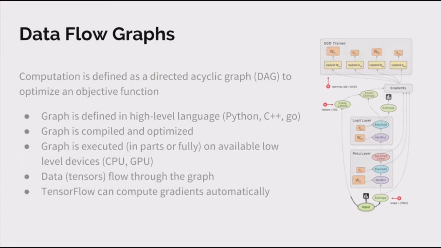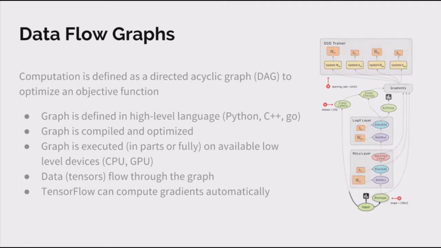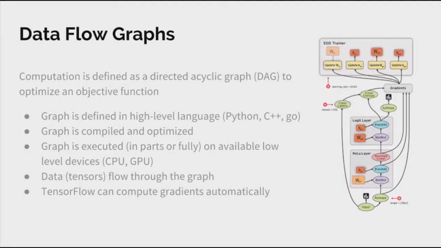In TensorFlow, the way we hold all the data, the weights and the biases associated with your network, is using something called a variable. It's a stateful operation. I'm going to switch back.